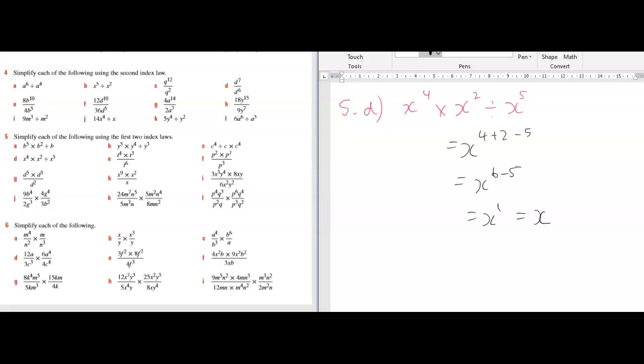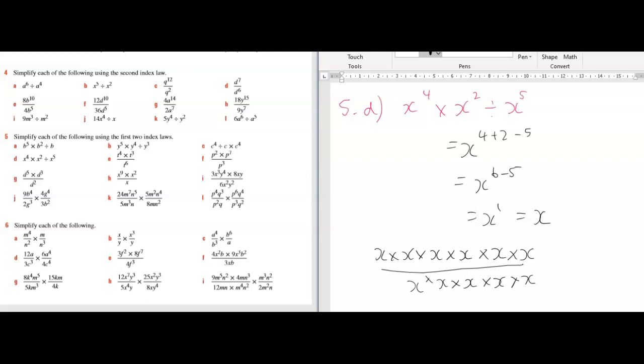Now, if you wanted to see how that actually works, we basically have x to the power of 4 is x multiplied by itself 4 times. And then we've got x to the power of 2, so we're multiplying another 2 times, all divided by x to the power of 5. 1, 2, 3, 4, 5.